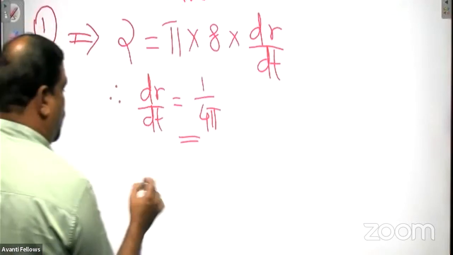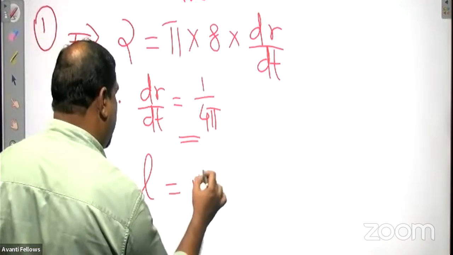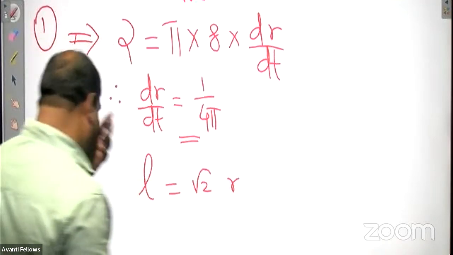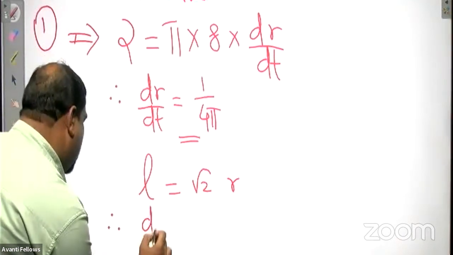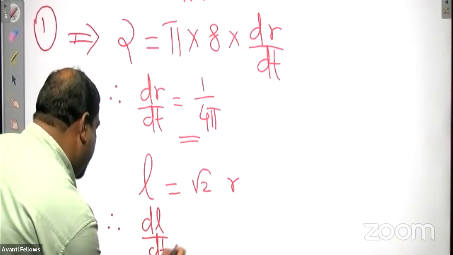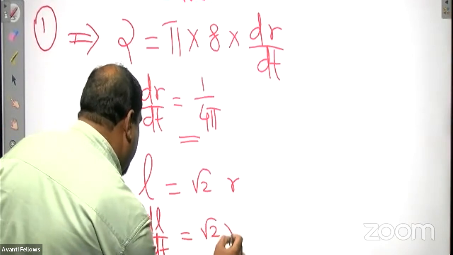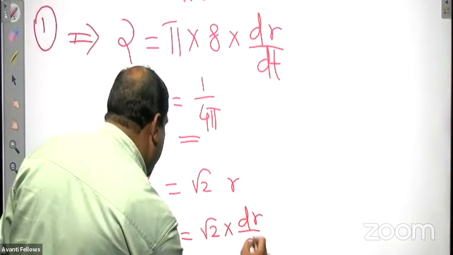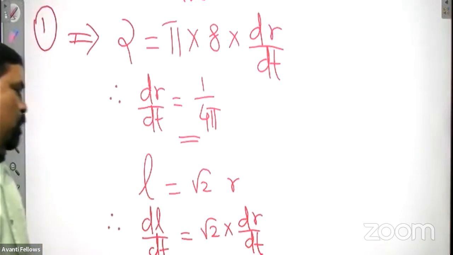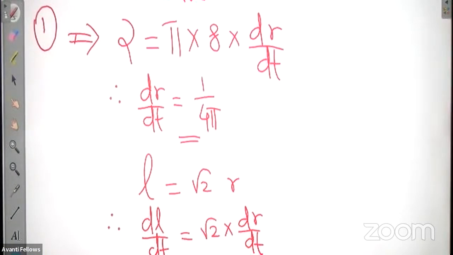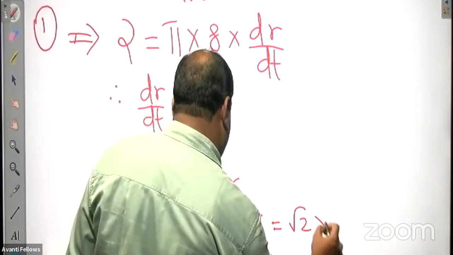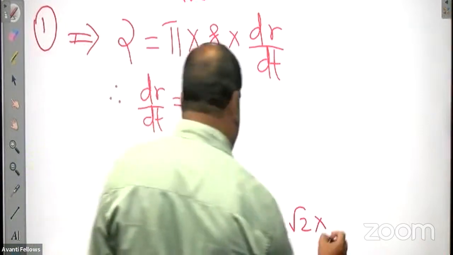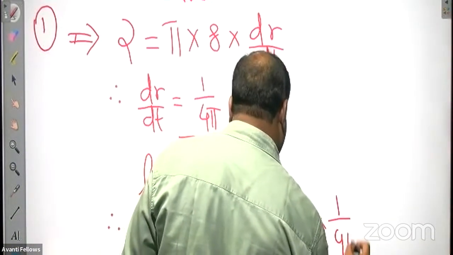So we know that L is equal to root 2 r. Therefore, we have to find dL by dt. So dL by dt is equal to root 2 into dr by dt, and dr by dt is equal to 1 by 4 pi.